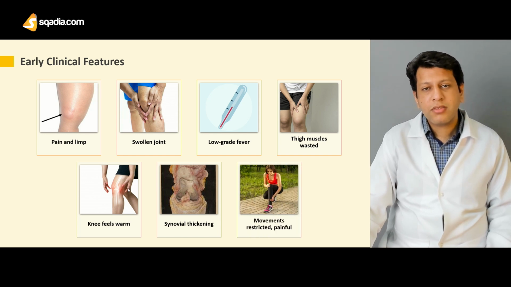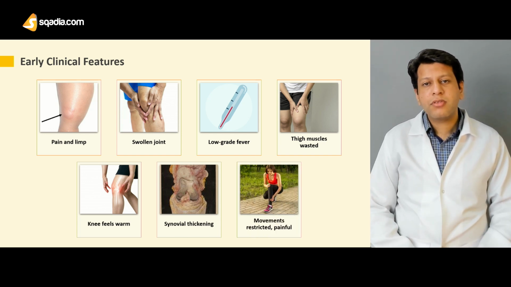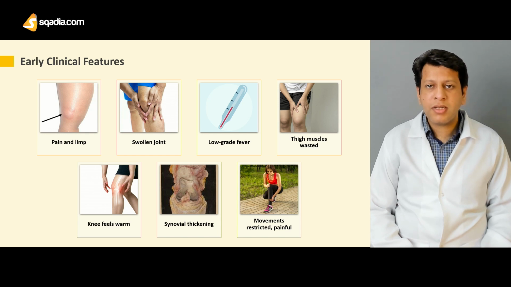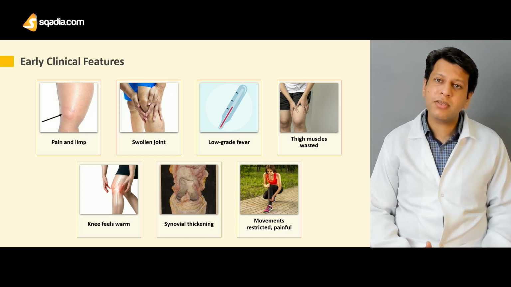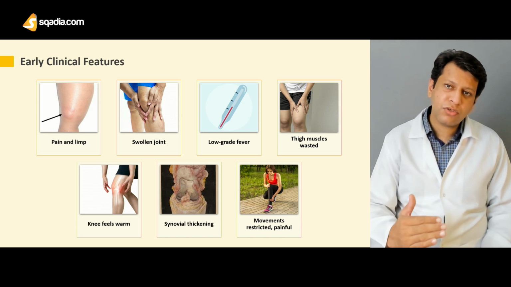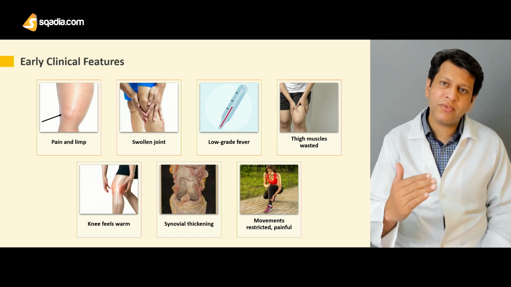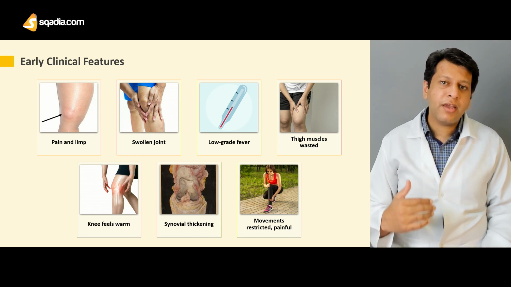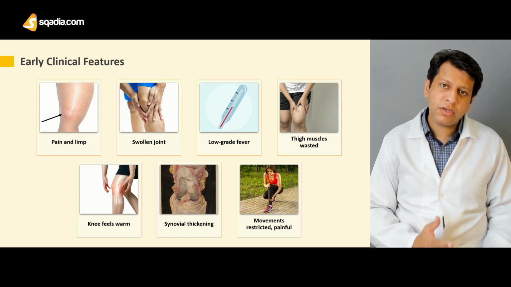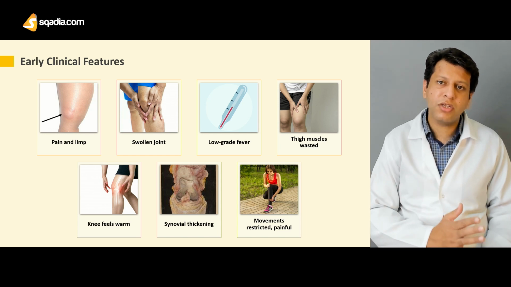And then once the swelling sets in, because of the pain and limp and swelling, the movement gets restricted. Usually when these patients present, there is a history of chronic pain, limp along with swelling and warmth as well. As time has progressed, there is a gradual decrease in the range of motion.